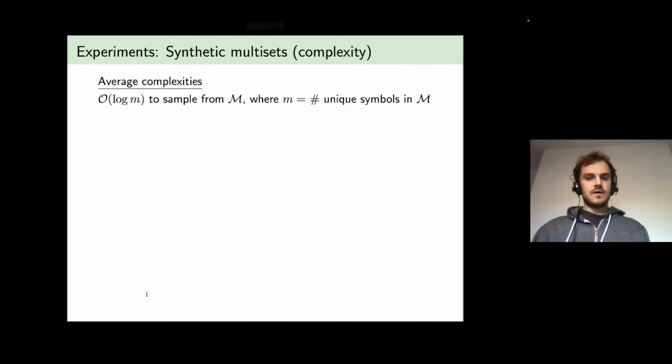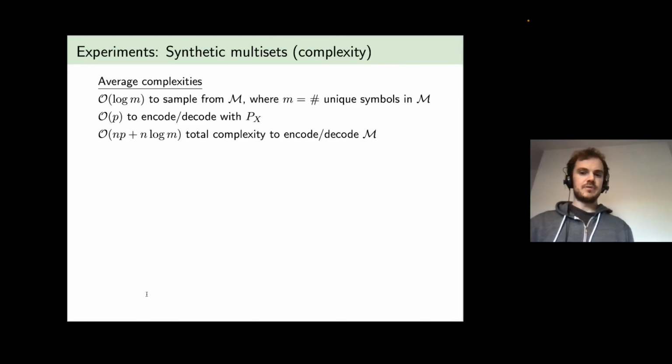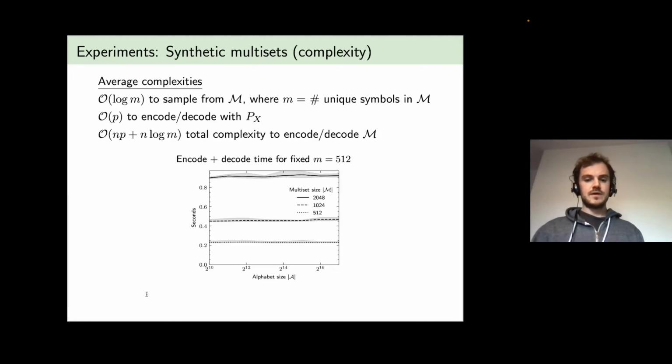Then we were also interested in computational complexity in this paper, because that was kind of the point. We knew there was already a slow way of achieving this. We wanted a faster way. So we timed the encoding and decoding processes and showed that we have decoupled the compute time from the alphabet size.